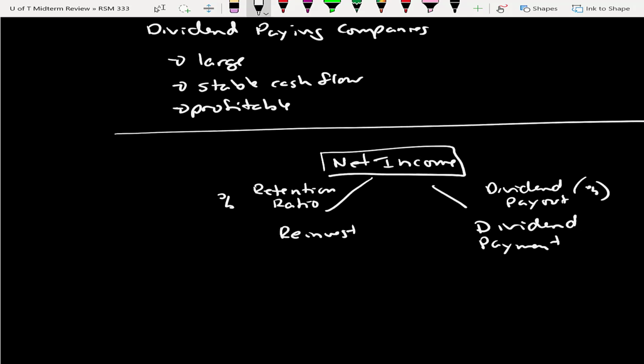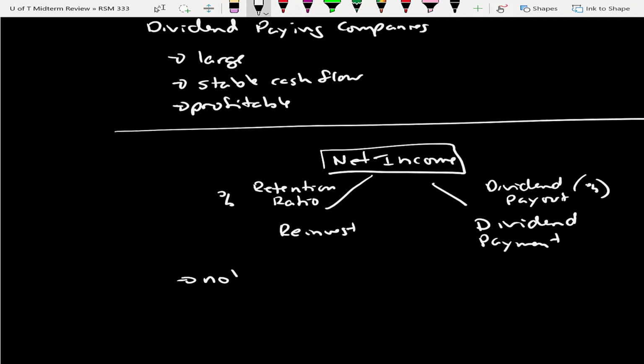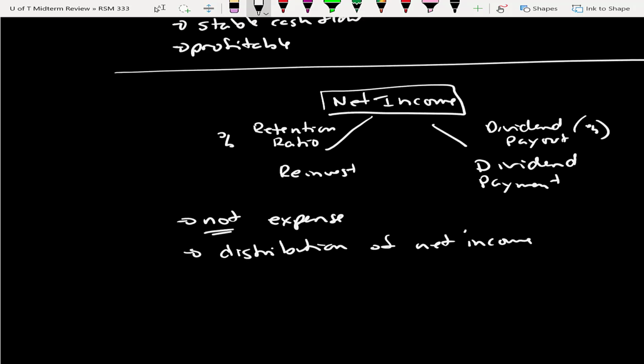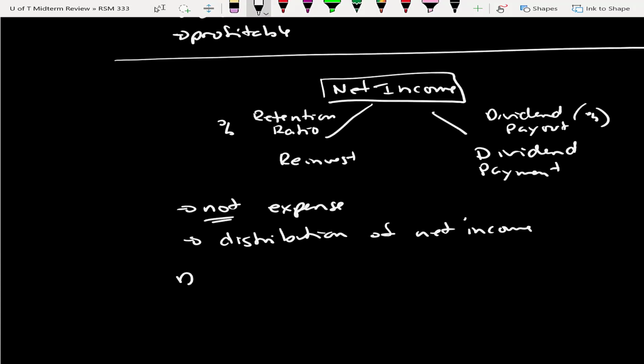Keep in mind that this is not an expense, because it's already coming out of income. This is a distribution of income. If you're looking at an accounting statement, it would come out of the retained earnings. Your dividend payout percentage is pretty simple.